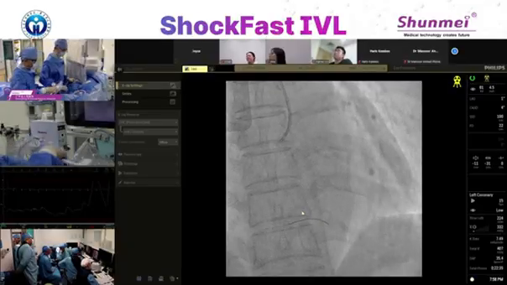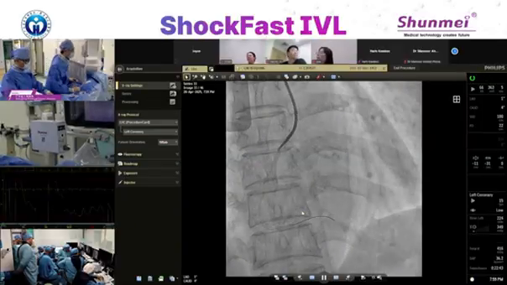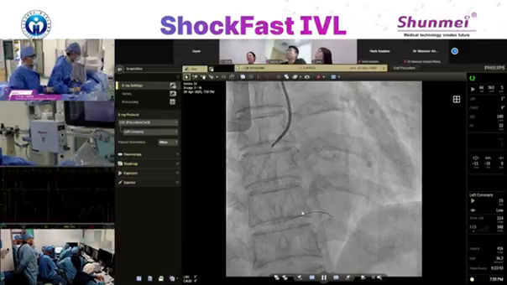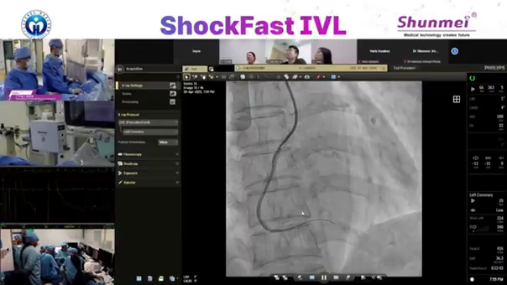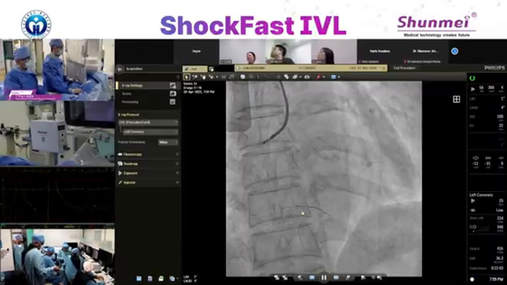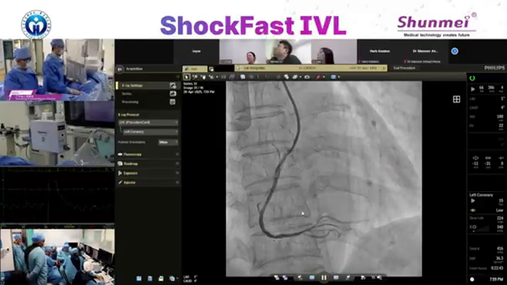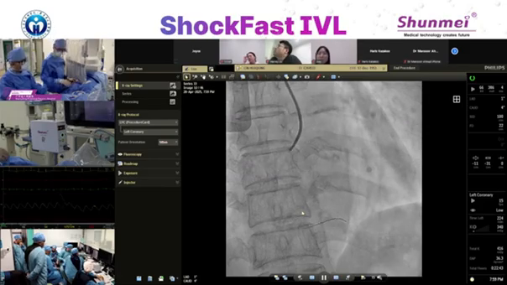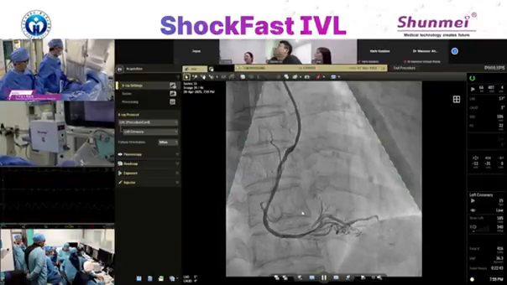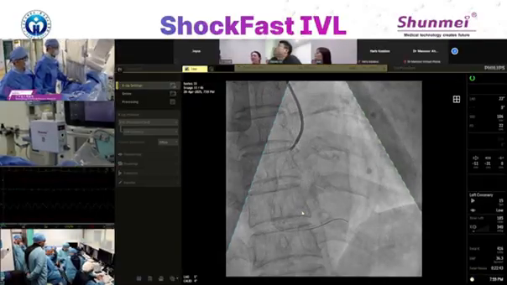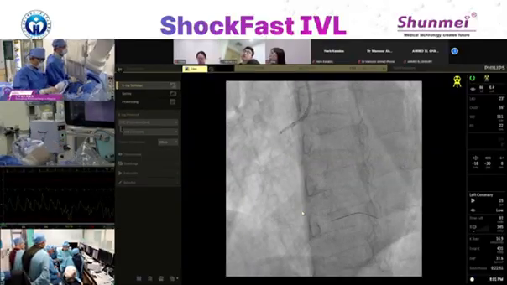Okay, keep it steady, don't move for now. Okay. Is it open? There was some dissection at the distal stenosis segment. Yes, it is there. My goodness, a delay in the PA view. For this case, the stenosis is quite tough.